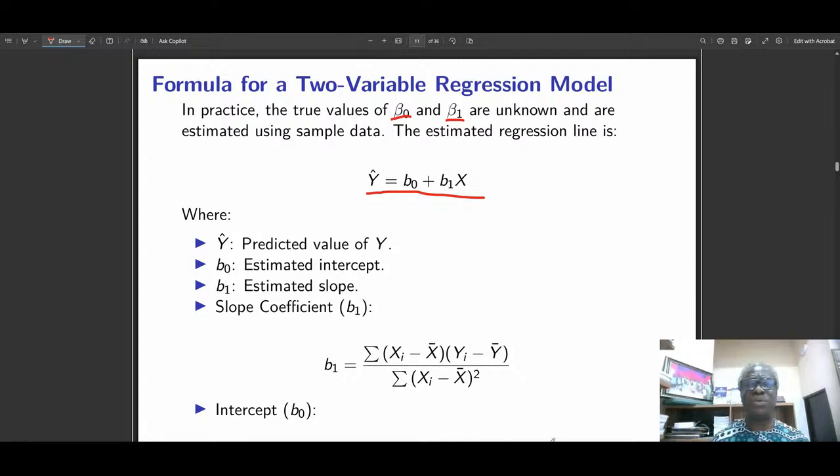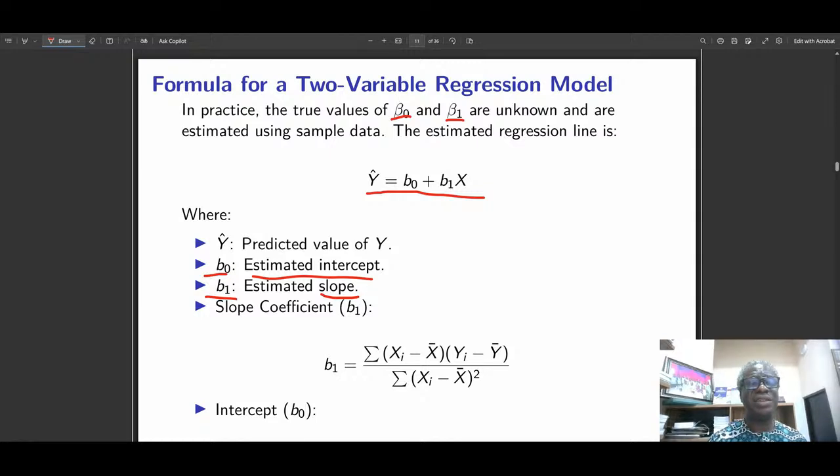Whatever we get from the sample for beta naught, we will now call it b naught because it's coming from the sample. Whatever we get for beta 1, we will call it b1 because it's an estimated slope. Whatever we get for beta naught, we call it the estimated intercept because it's coming from the sample.